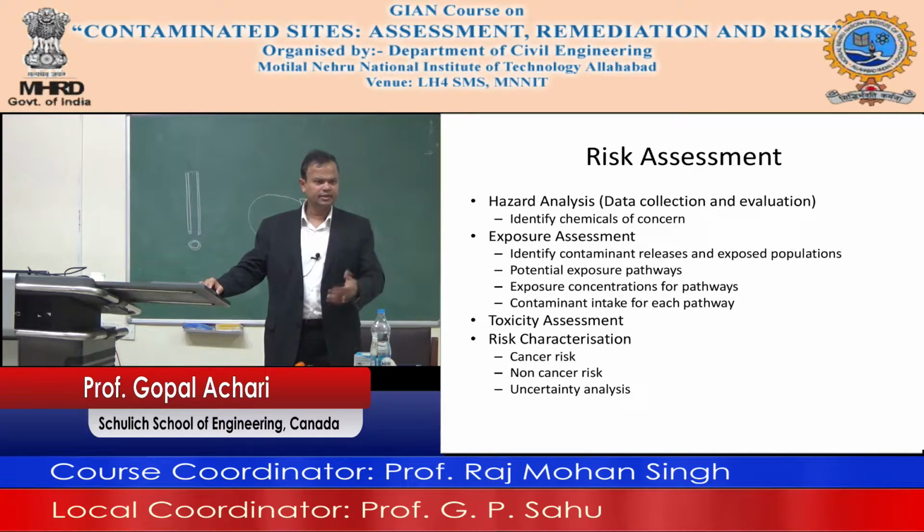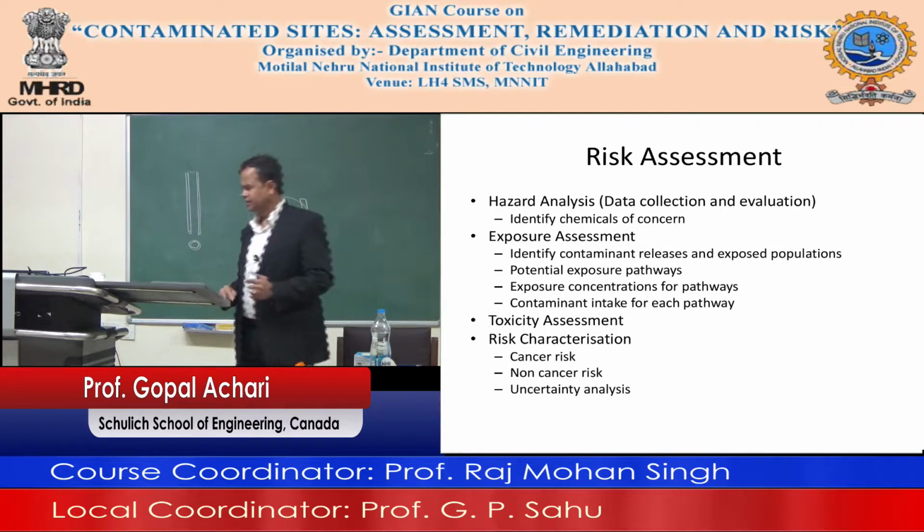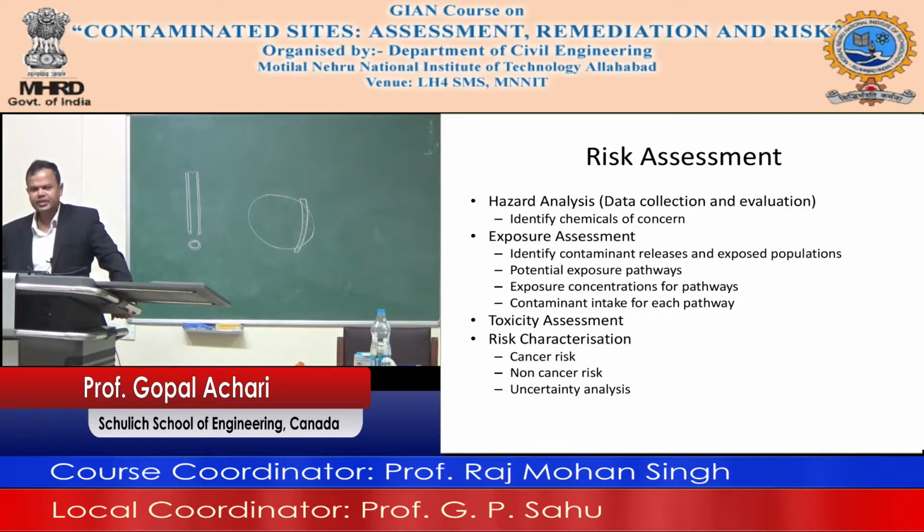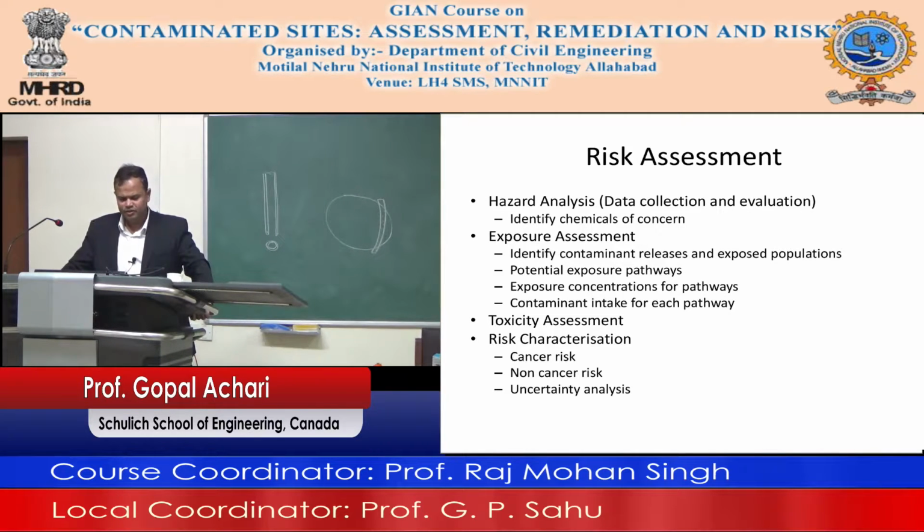They're available on the net. We can take a look at them. They give this data. So SF is the slope factor. What is SF? It is the upper bound probability of an individual developing cancer as a result of lifetime exposure to a particular carcinogen at a particular concentration.